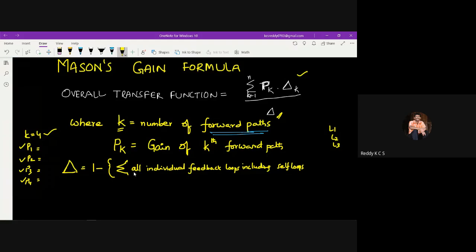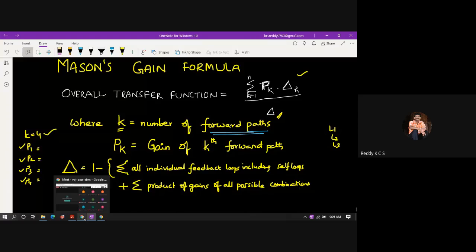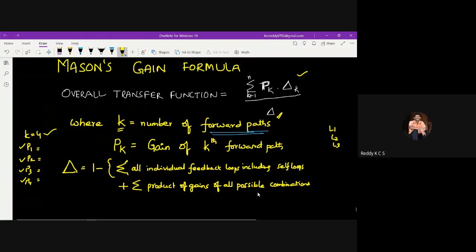Then plus, and this bracket continues with this, plus the summation of, a very important point here, the product of gains of all possible combinations of two non-touching loops.